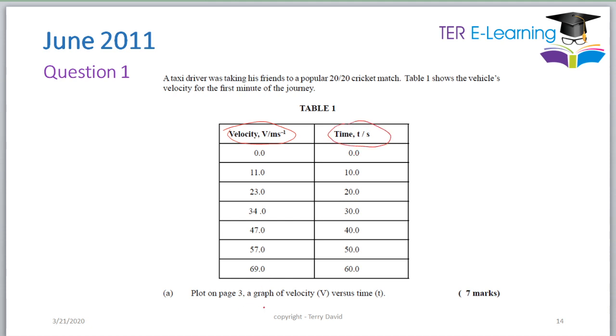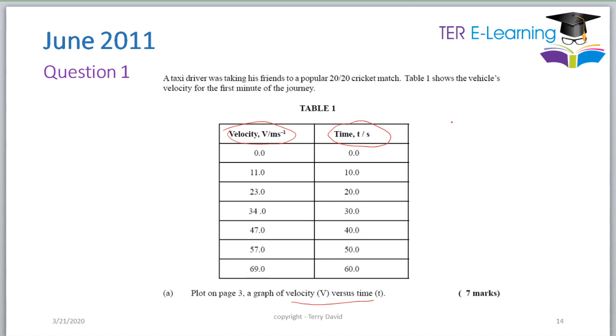They want us to plot a graph of velocity versus time, right? If you all are doing physics, you need to be able to plot graphs properly, because your first question, more than likely, is going to be a question where you have to plot a graph. Now, please make sure you understand what that means.